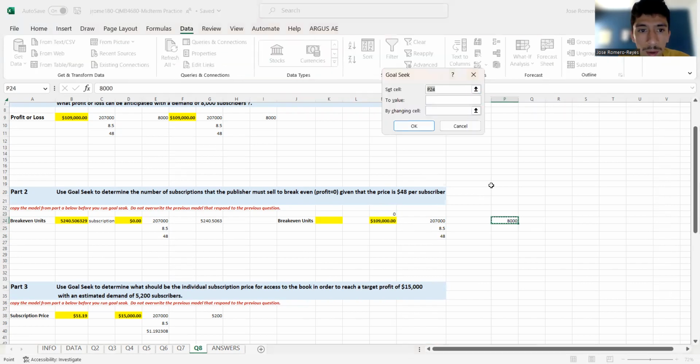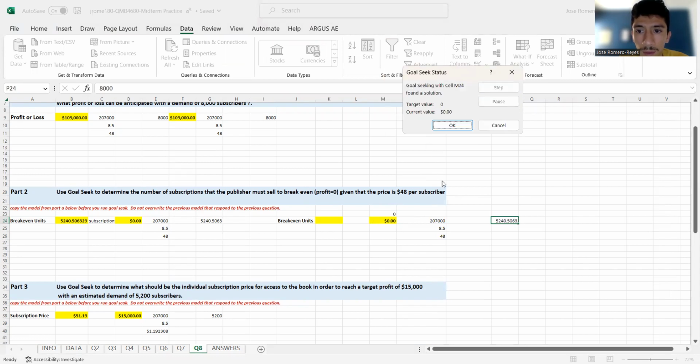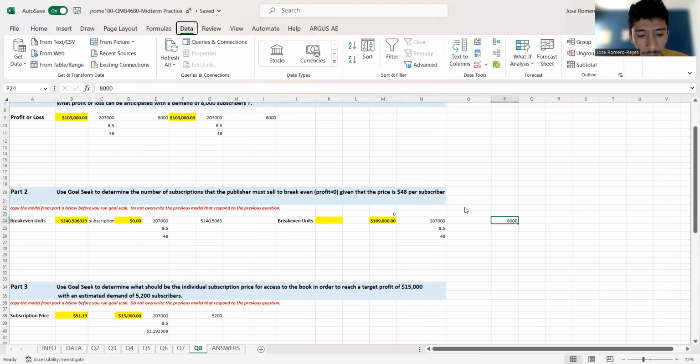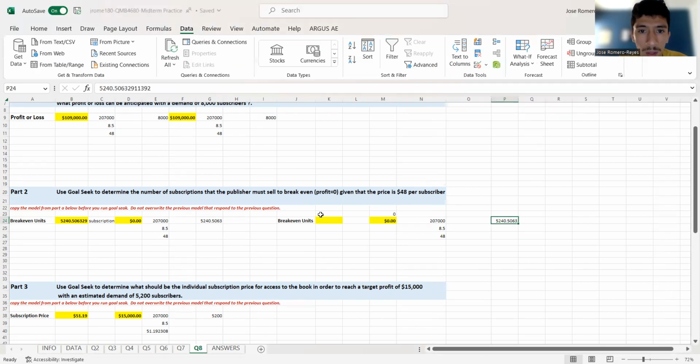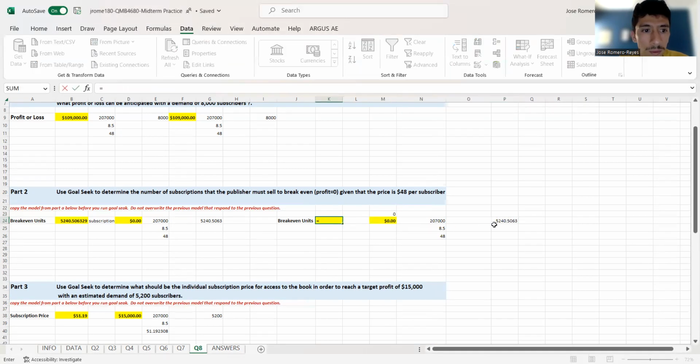Alt-AWG: we set the cell, our profit, to break even at 0 by changing the cell, number of subscriptions. Oh, I canceled it. One more time. Set this cell to 0 by changing the number of subscriptions. Press OK, OK. Our break even subscriptions is this, and that's what we get over here as well.